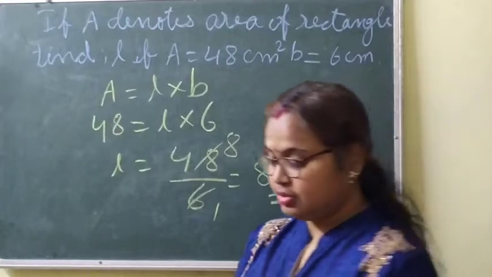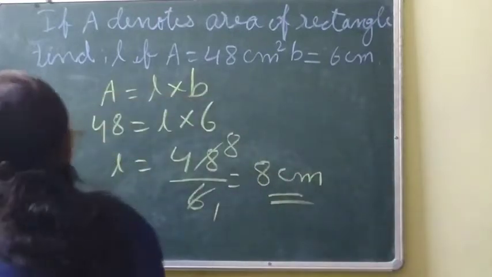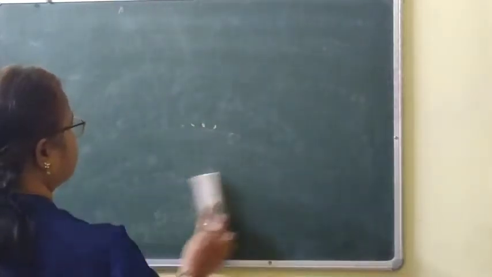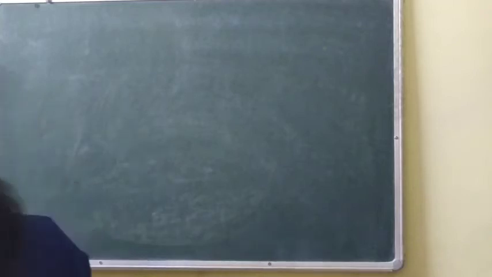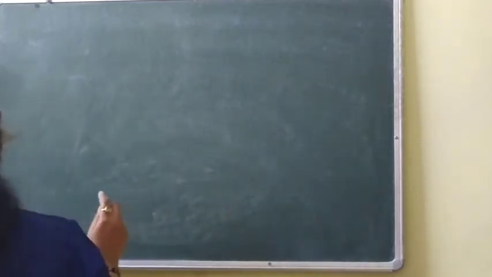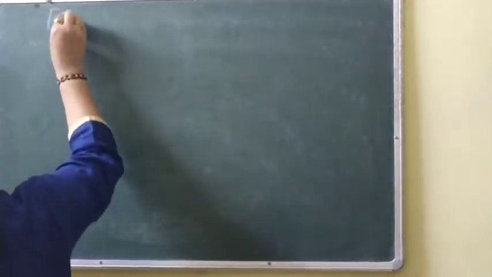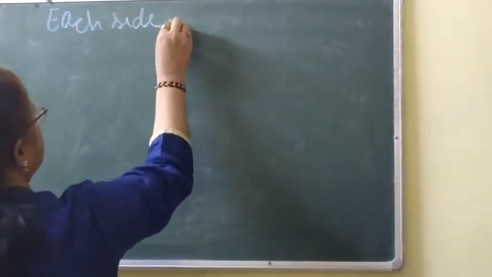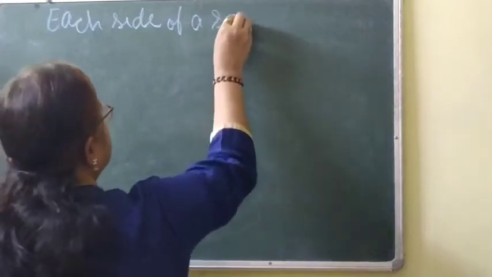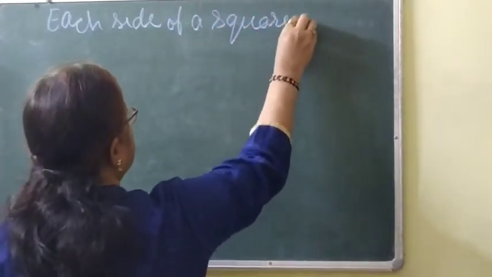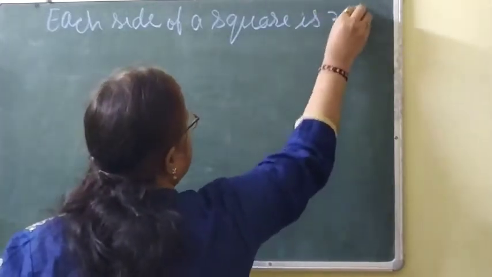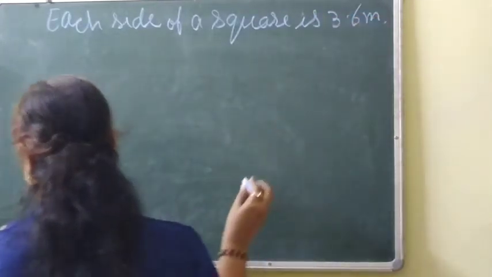Now, let's do the next question. Each side of a square is 3.6 meter.